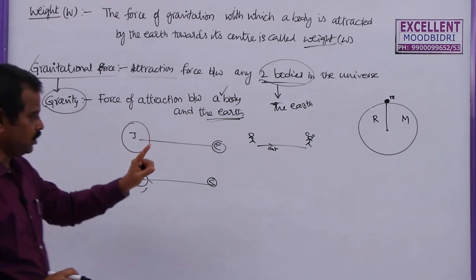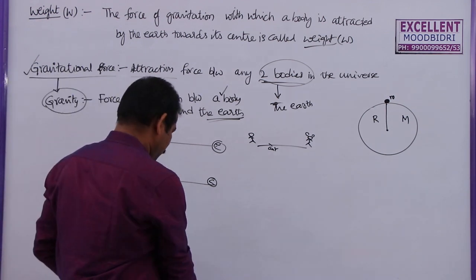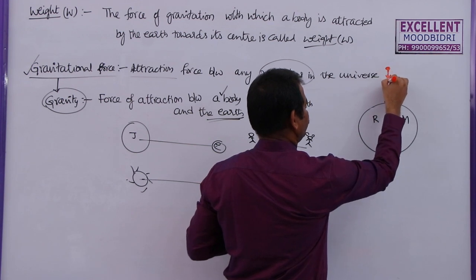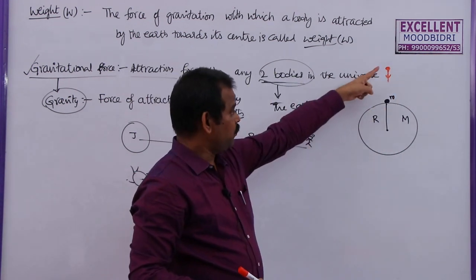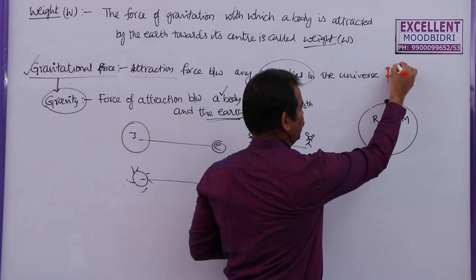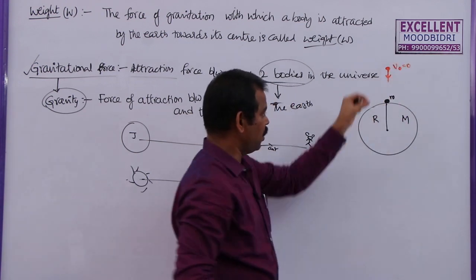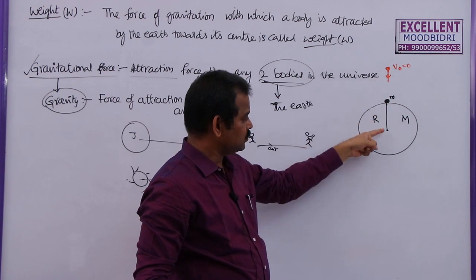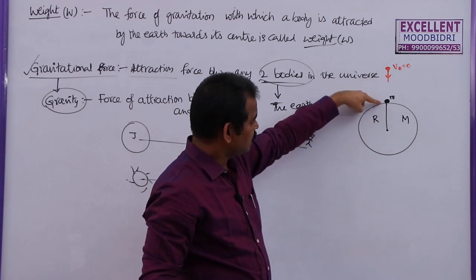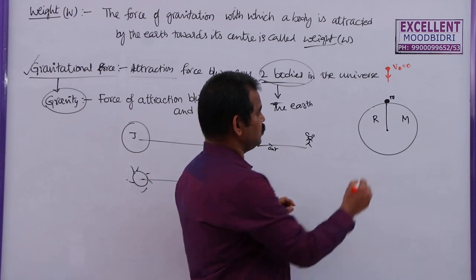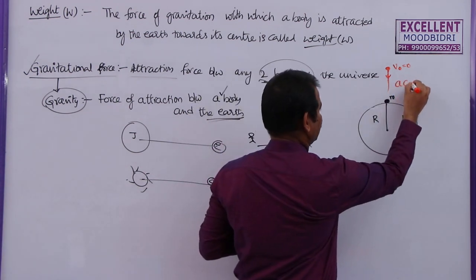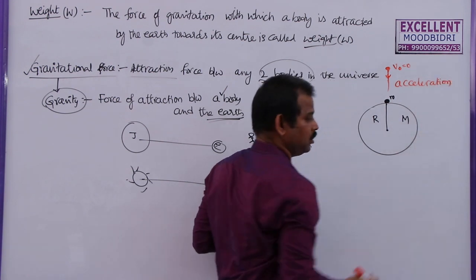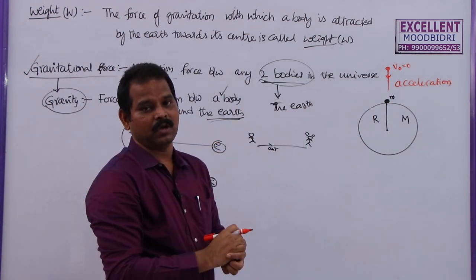Now if you take a freely falling body here, when it is falling freely, its velocity, when it is dropped from a height, let us say, is 0. When it is dropped here, its velocity gradually increases as it comes towards the surface of earth. That means this body gets some acceleration. This acceleration attained by the body is due to the pulling force of the earth.